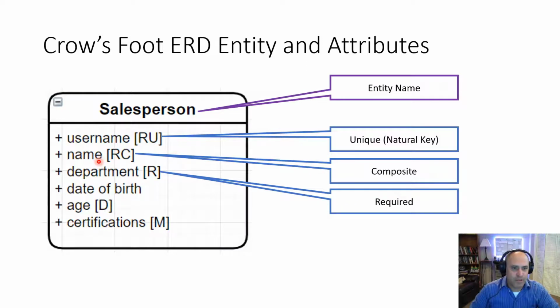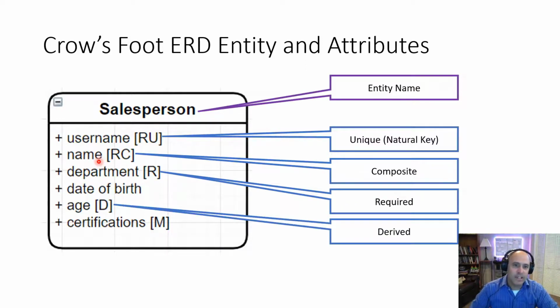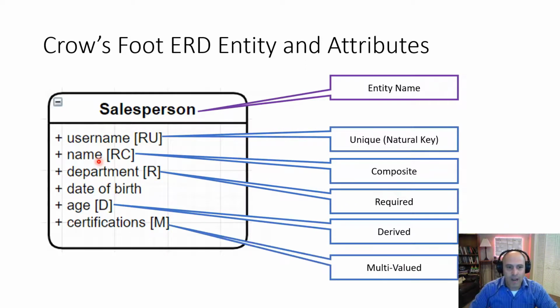We have other attribute descriptors like required, derived, as we talked about before, and multi-valued. So in this case, where it says certifications, you might have like 4 or 5 different technical certifications that are part of you being a salesperson. Like you're certified to sell this equipment or that equipment. You've been trained to drive this or operate that.